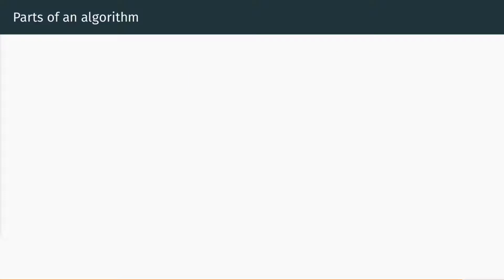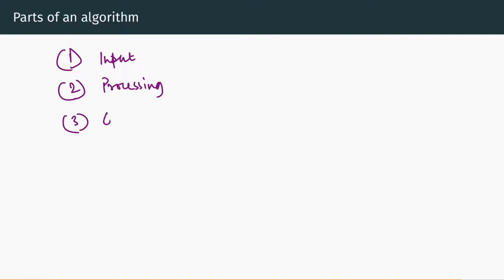Okay, now let's talk about the different parts of an algorithm. Generally speaking, an algorithm has three parts. The first part is input, or taking the input. Next comes the processing, and finally the output, okay.